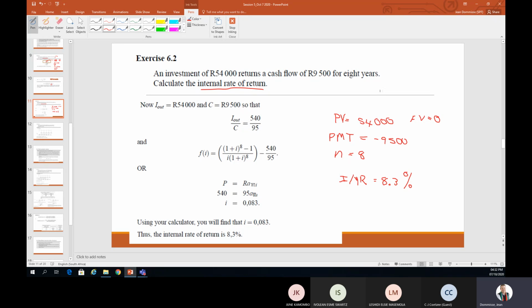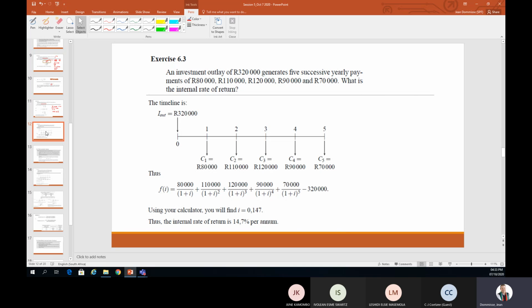With the ones that are easier to do, use the calculator. Any questions thus far? Okay, happiness then, I hope.